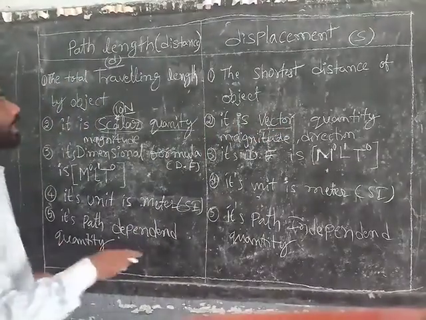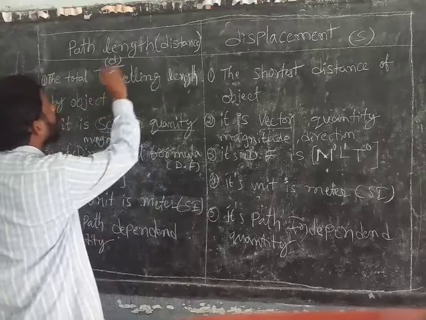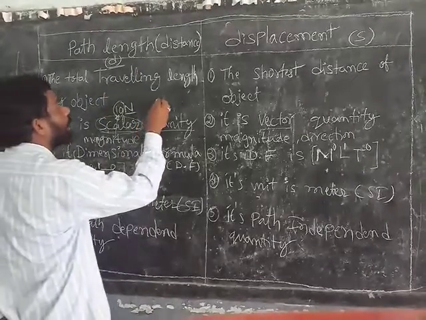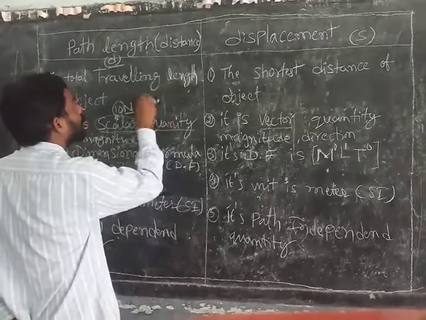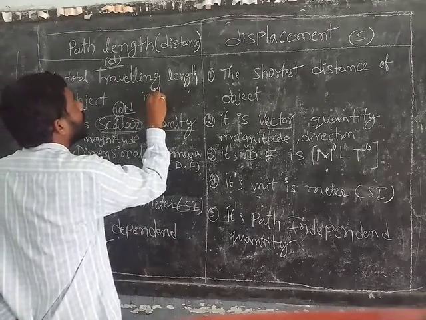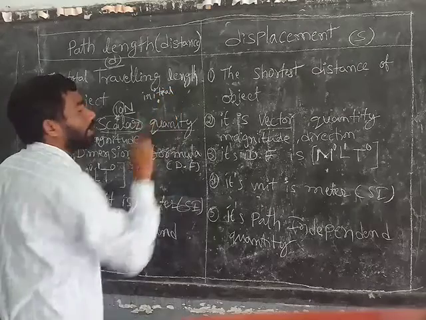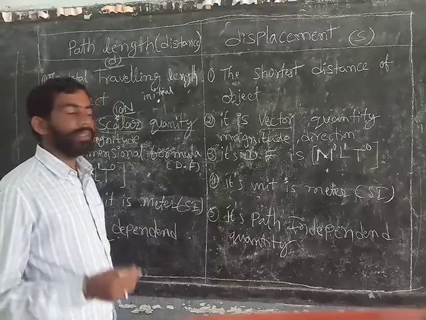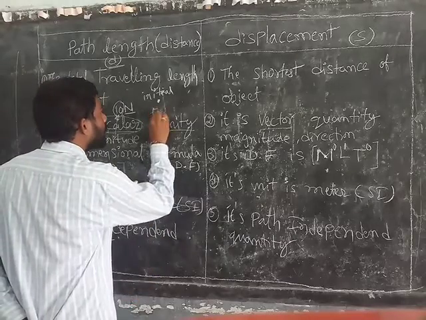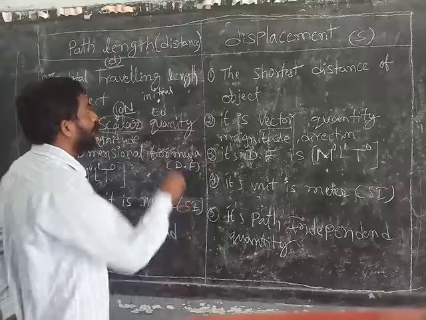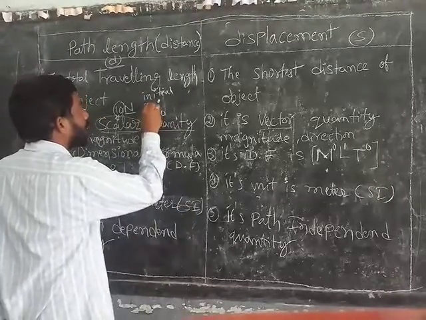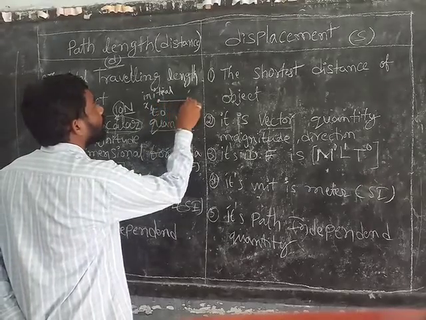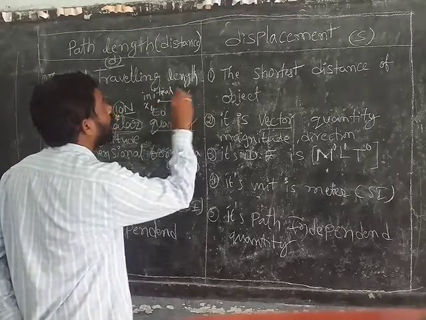And one more thing, suppose an object or particle at the starting point is taken as the initial point. At this point, the time is 0, and that point is taken as x1. Then it moves over a span of time and reaches another point.